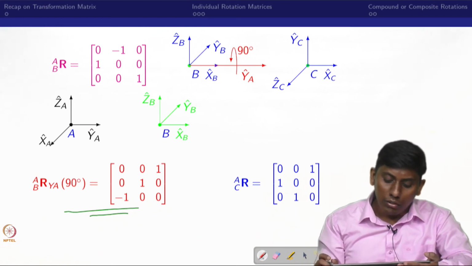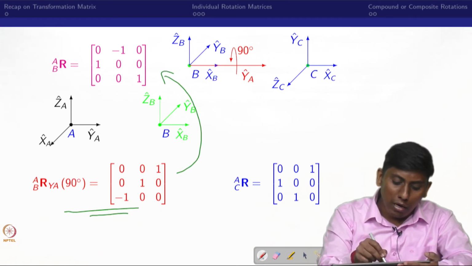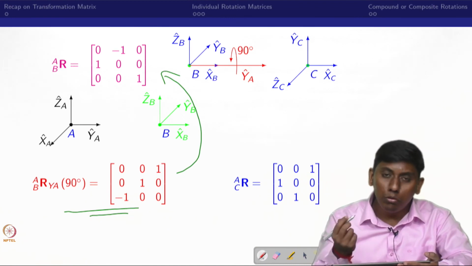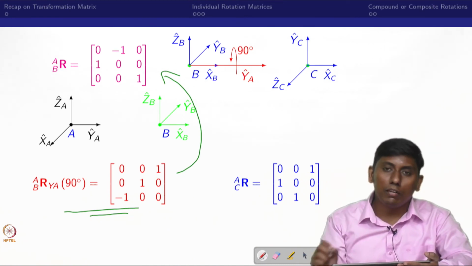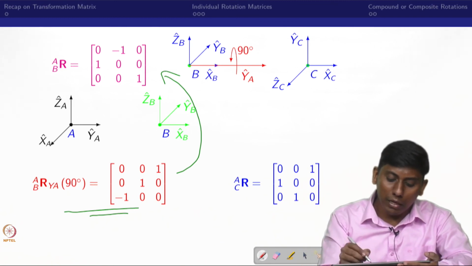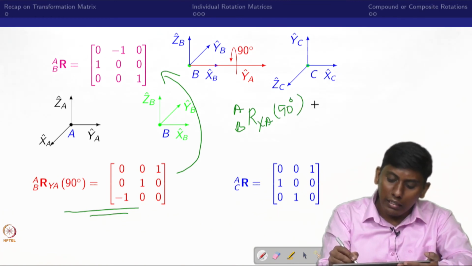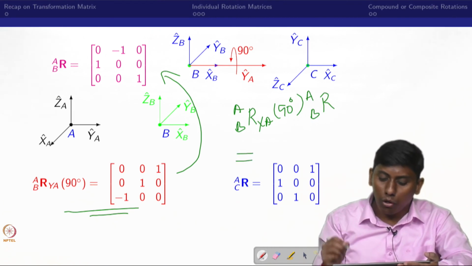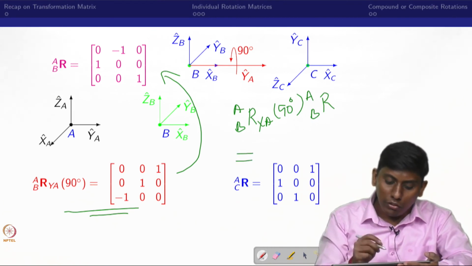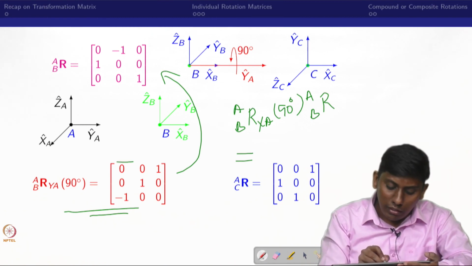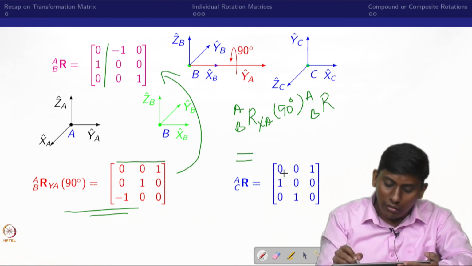Now, if I take these two matrices and use the rule, since it is rotated with respect to the fixed frame, what I have to do is pre-multiply. So in the sense R_BA, the Y_A rotation of 90 degrees, multiplied with R_BA, whether it is giving this value or not. Fortunately you can see, this is first and you multiply, you can see this 0.